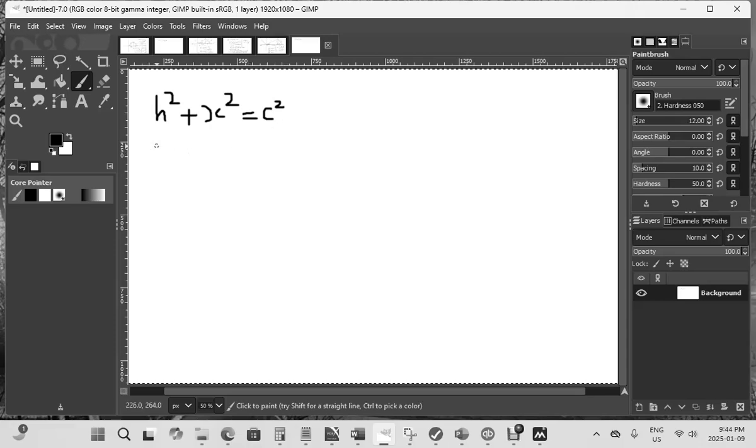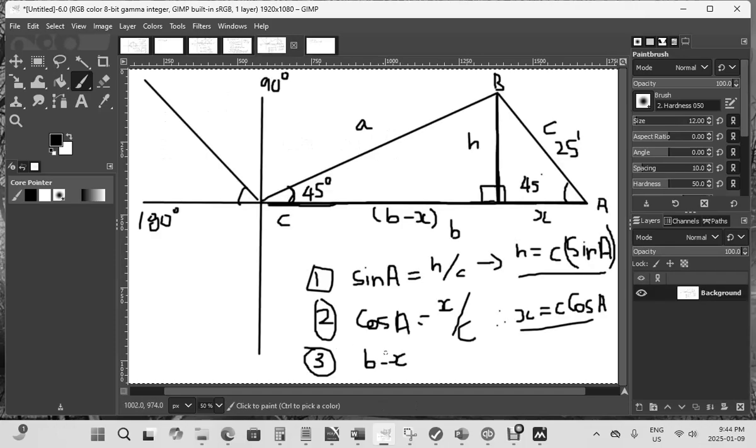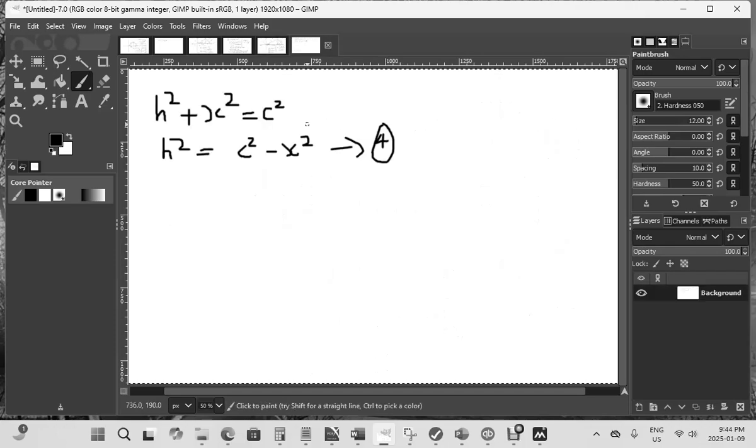In order to figure out H squared, we know that H squared equals C squared minus X squared. Consider this equation number 4, or equation number 3, because the other one doesn't really count. Say this is equation 4.